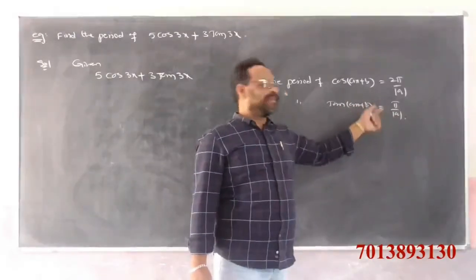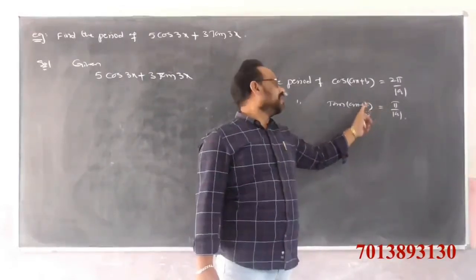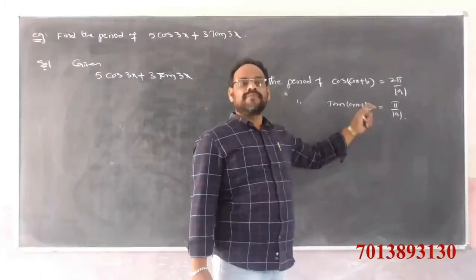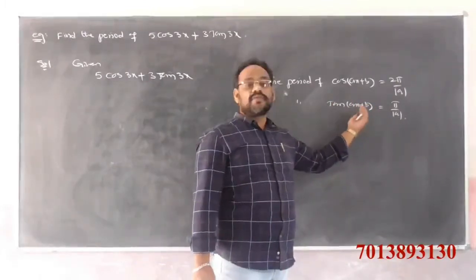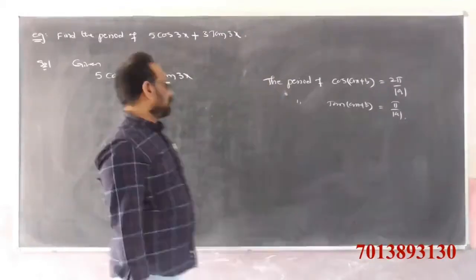If b is present, it is not at all important. We want the coefficient of x, that is a. So the period of cos is 2 pi by mod a, and for tan also already we discussed pi by mod a.